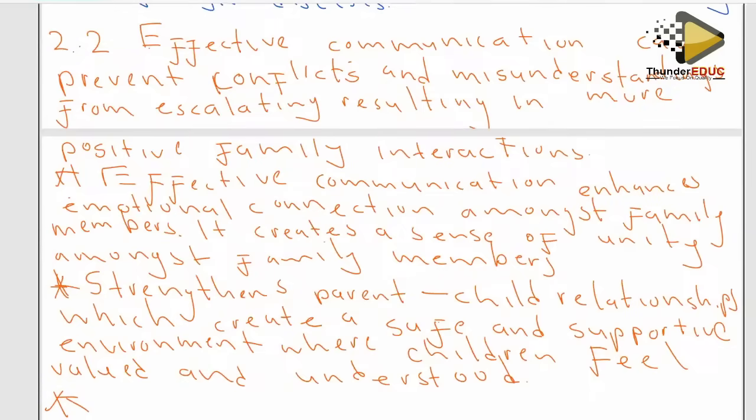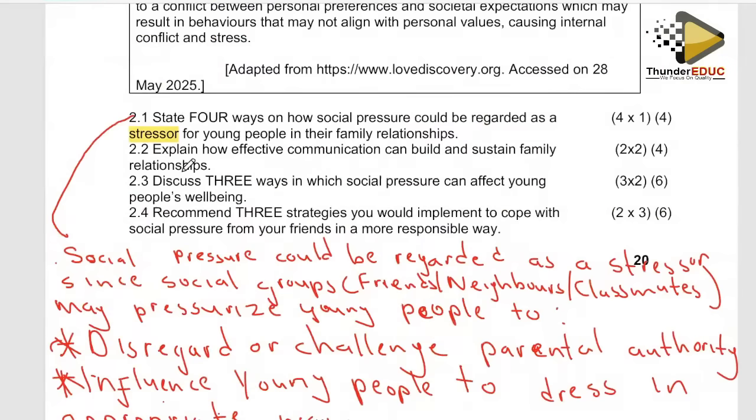Now, moving on to the next question, which is 2.3. Discuss 3 ways in which social pressure can affect young people's well-being.